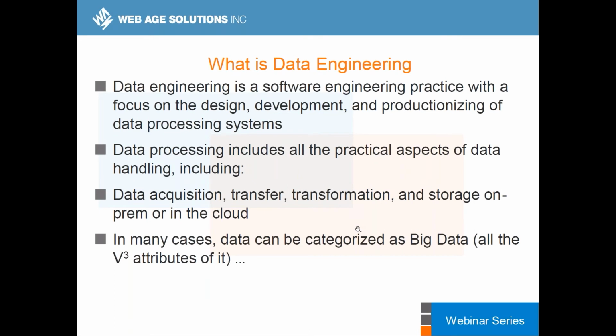So data engineering, it's essentially a software engineering practice where professionals in this field would be working on systems dealing with data. And data is king, as you know, and there are so many initiatives built around establishing and promoting best practices for data acquisition, transfer, which fall under the category of ETL.